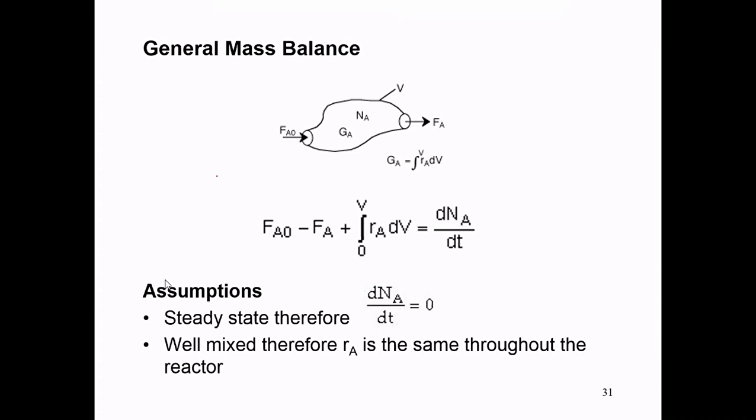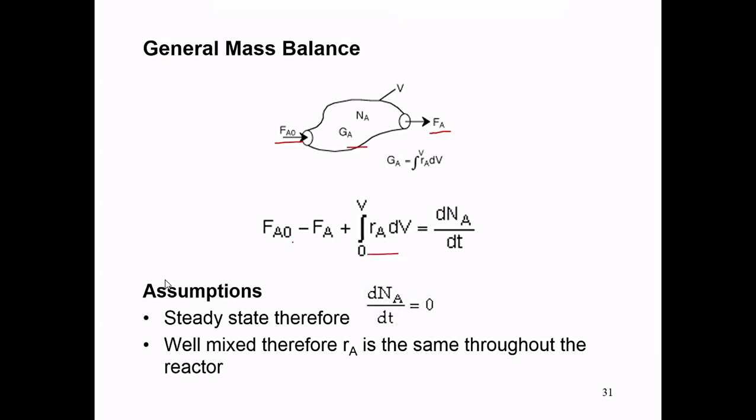So remember, we have the input equal to the output plus the reaction plus the accumulation. So we have FA naught minus FA plus the reaction rate equals dNA over dt.